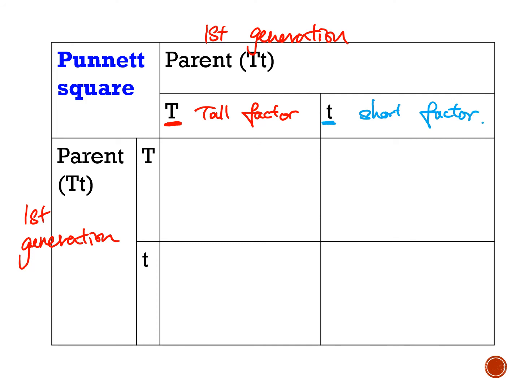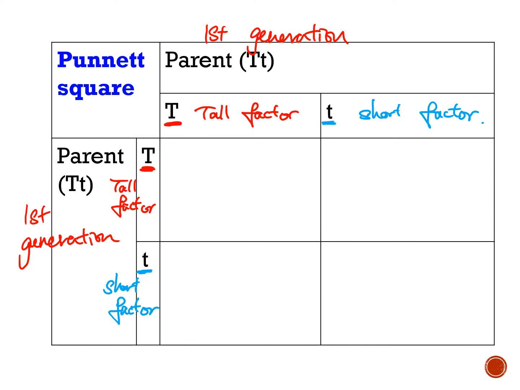Another parent that it is going to mate with, or it tries to self-pollinate, will also have a tall factor and a small t short factor. After the reproduction, they will have a random matching of the big T and small t, tall and short factor. So let's do the box and fill it in.